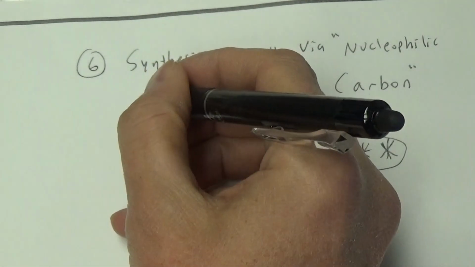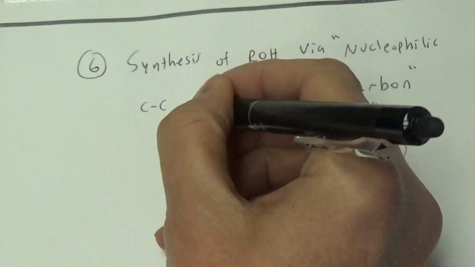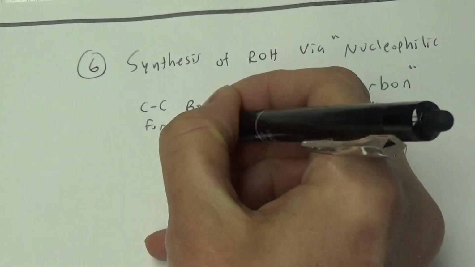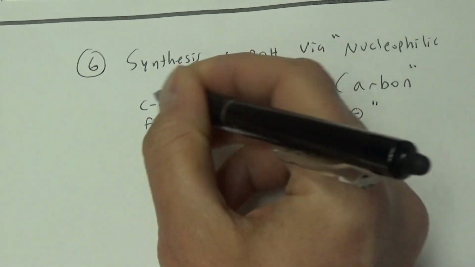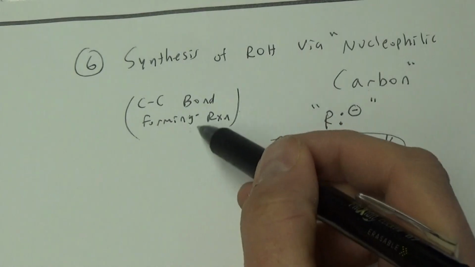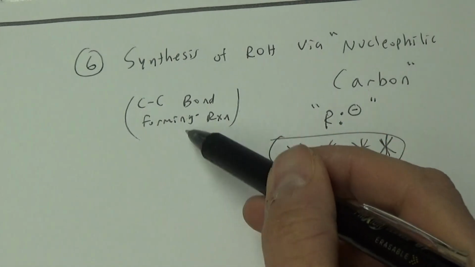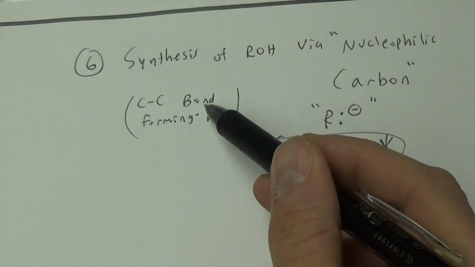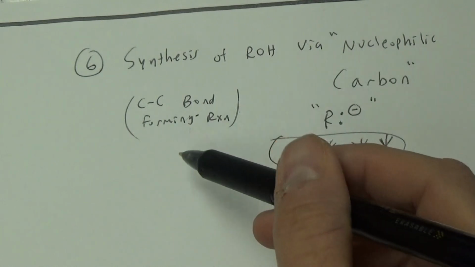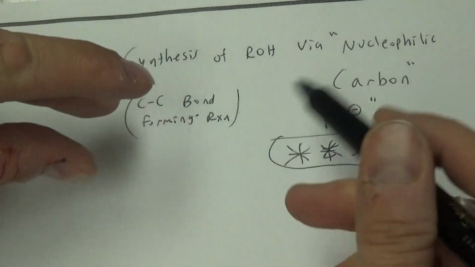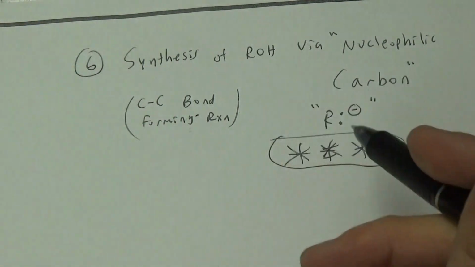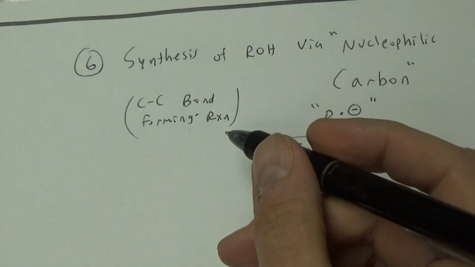This is a C-C bond forming reaction. Why is that so cool? Well, we haven't really seen much of that, like making C-C bonds yet. And when we have the ability to make C-C bonds, you can start making complicated molecules, taking crazy piece A, crazy piece B, and snapping them together, and synthesizing molecules. So this is going to be a really cool thing.